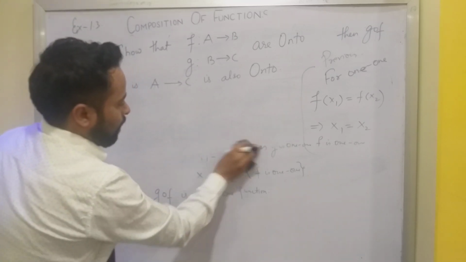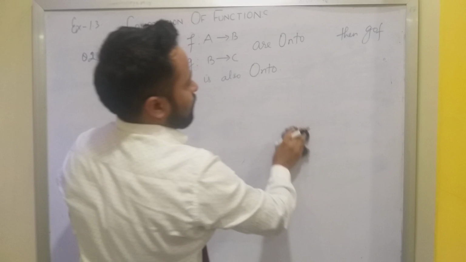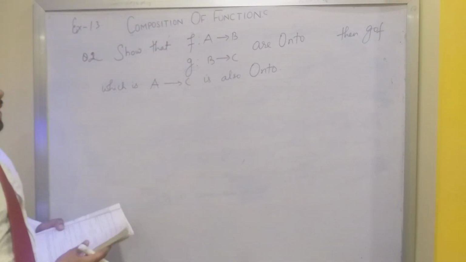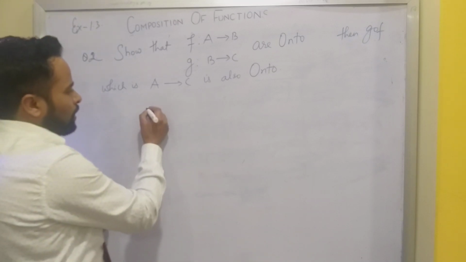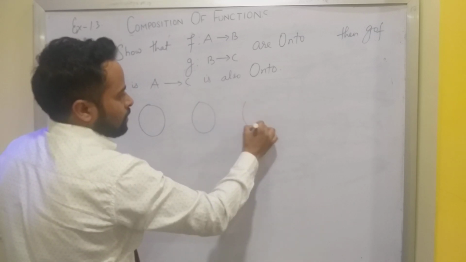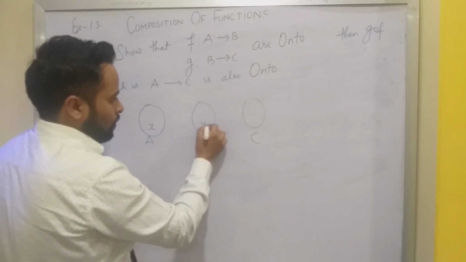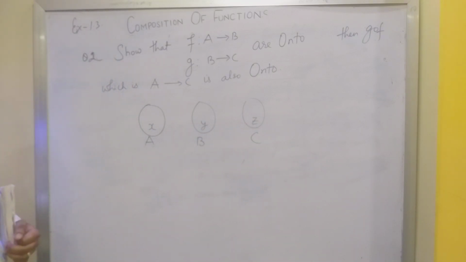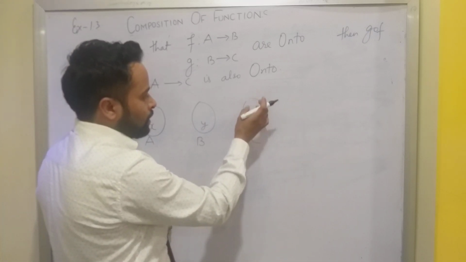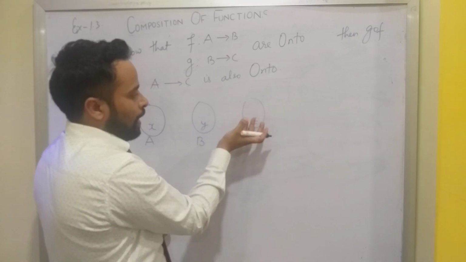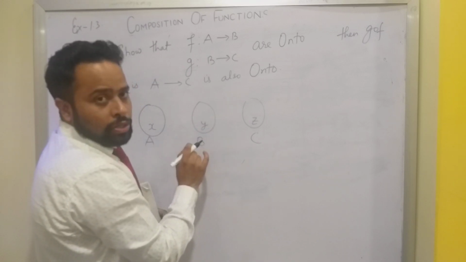So let us wipe everything, because this is the question which we are going to think about. I have to prove that from A to C it is also onto. So let us take that figure. A, B, C. A has X, B has Y, C has Z. When we say onto, it means all the elements of this set C have at least one pre-image in set B, then it is onto.